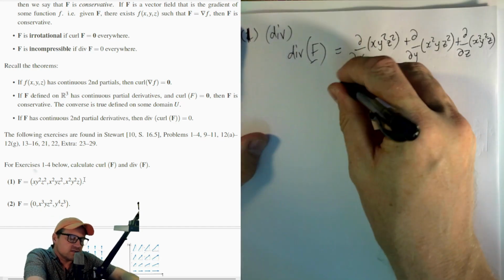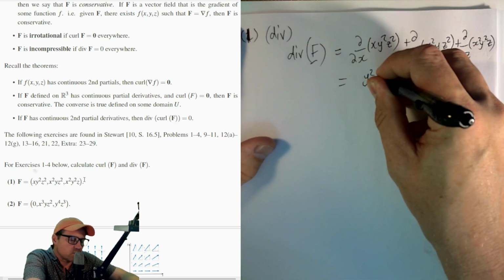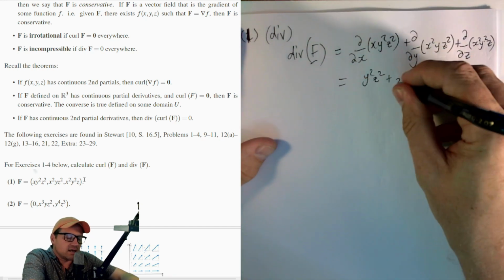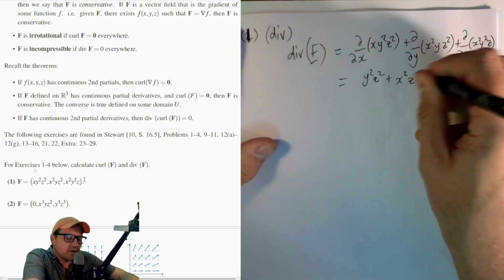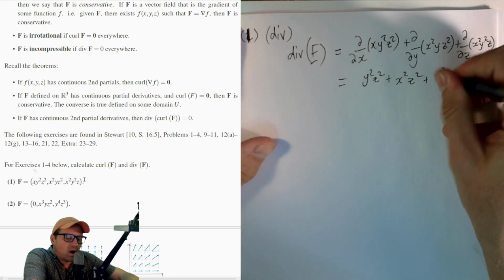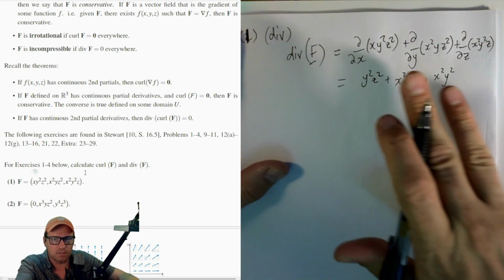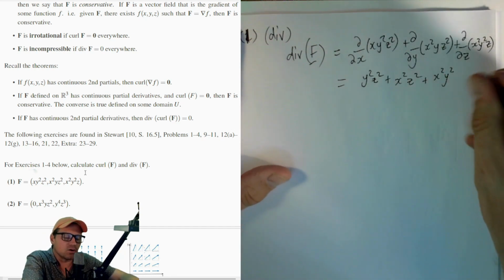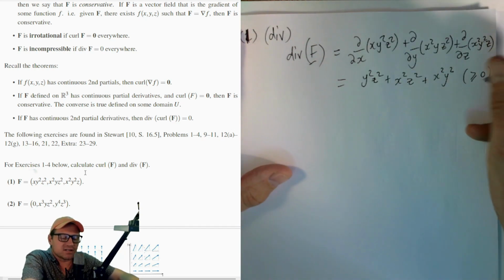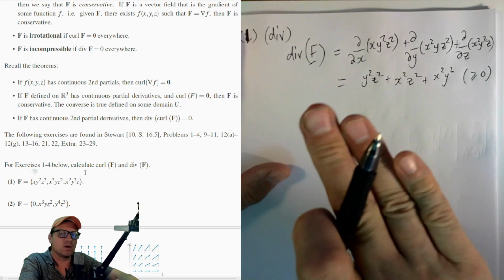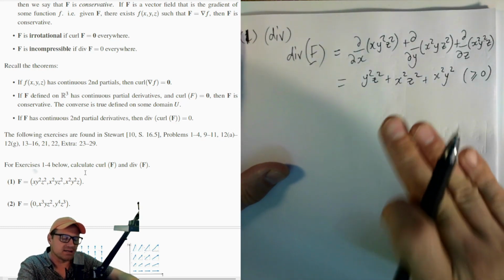And so simplifying this, we have y squared z squared plus x squared z squared plus x squared y squared. Notice that since this is a sum of 3 squares, this is always greater or equal to 0, and is 0 only where x, y, and z are all 0.